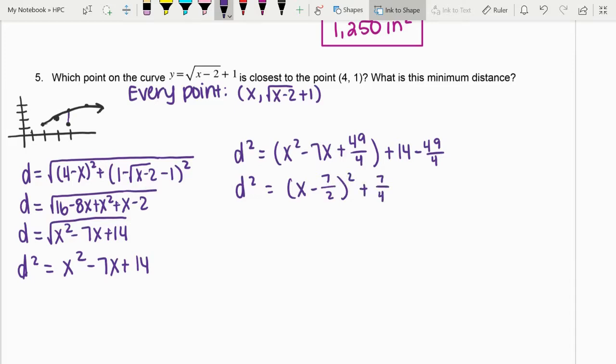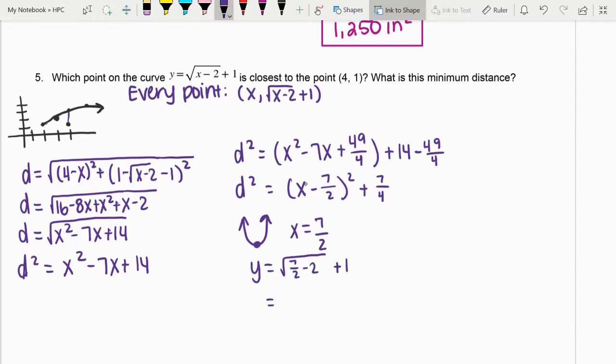Okay, so I know that the parabola is going to be opening up. Okay, and the x coordinate is going to be equal to 7 over 2, but we want to find out what the y coordinate is so we can find that minimum value. Okay, so we know that y is equal to the square root of x, which is 7 over 2, minus 2, plus 1.